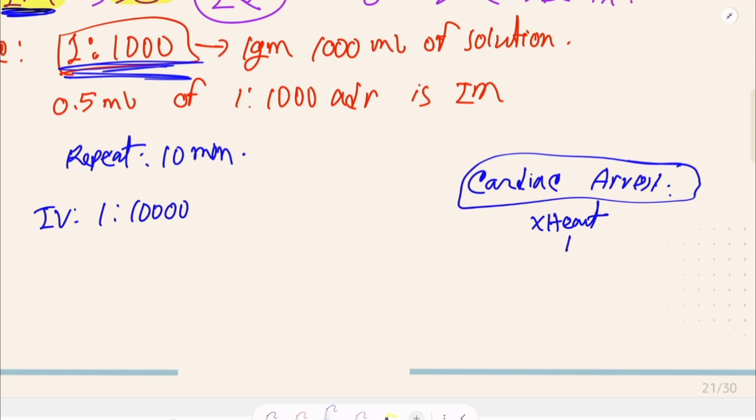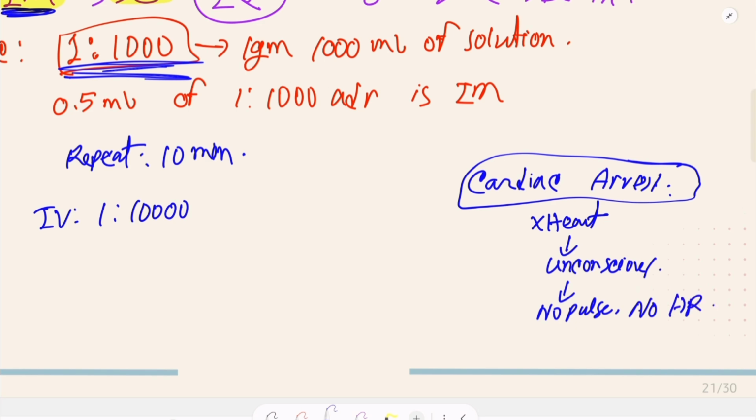Obviously, the patient will be unconscious because no blood is going to the brain. The person is unconscious and not responding. There will be no pulse and no heart rate. This means the person is almost dead.